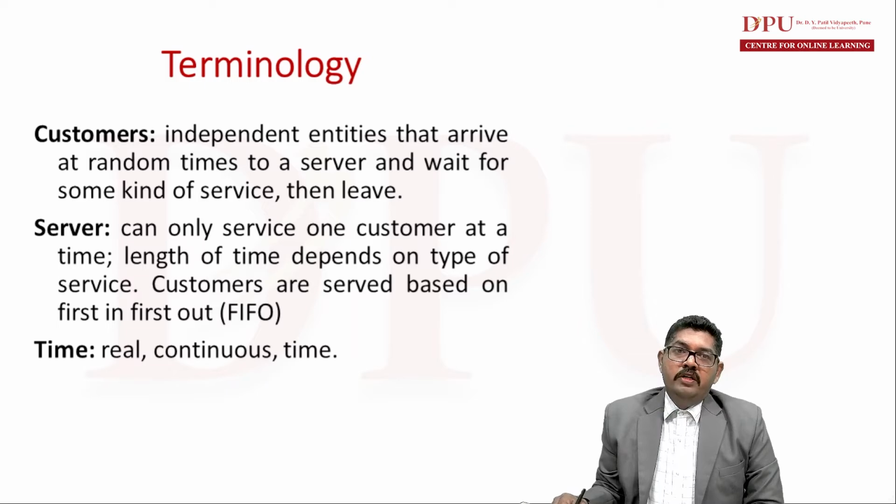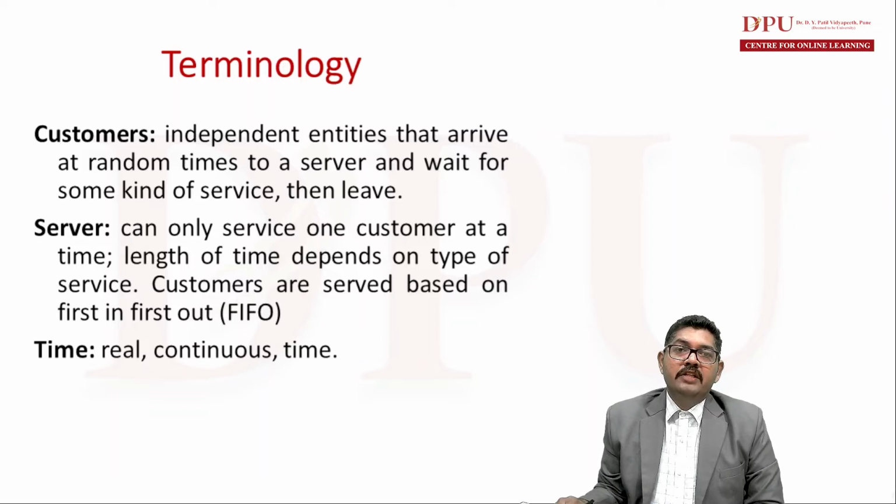Terminology involved in queuing theory. So there are customers, independent entities. Customers are the independent entities or units that arrive at random times to a server and wait for some kind of service, then leave. They arrive randomly, and they arrive at the server to get the service.